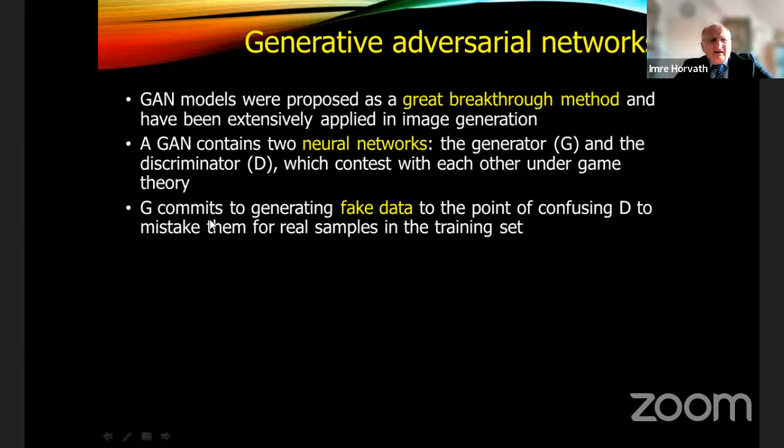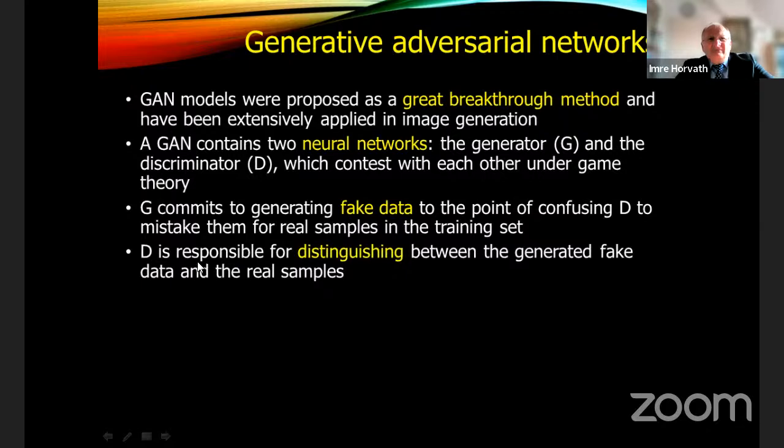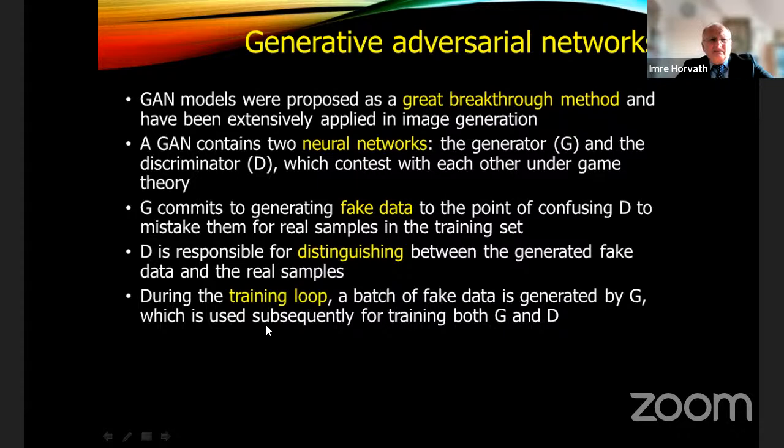The generator commits to generating fake data to the point of confusing the discriminator into mistaking them for real samples in the training set. And then the discriminator is responsible for distinguishing between the generated fake data and the real samples.